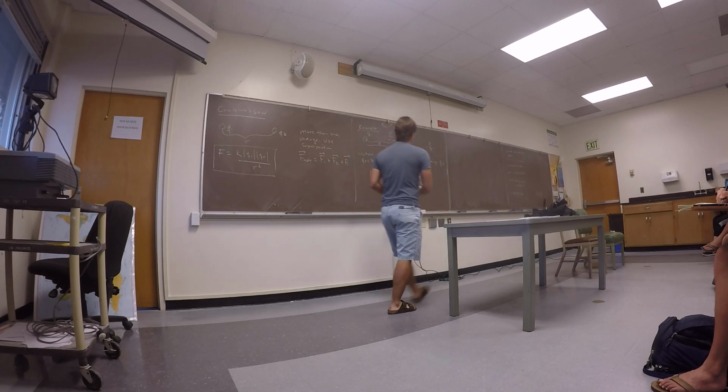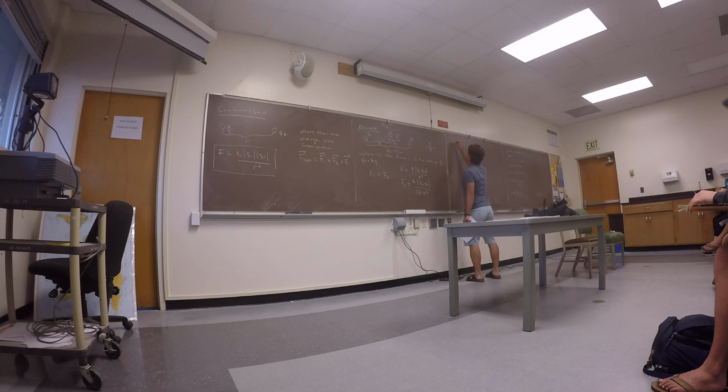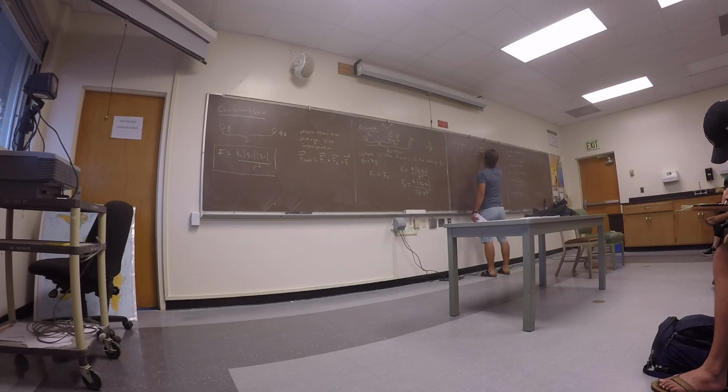All right, so you set these equal to each other. You get k Q1 Q3 over x squared equals k Q2 Q3 over (D minus x) quantity squared.